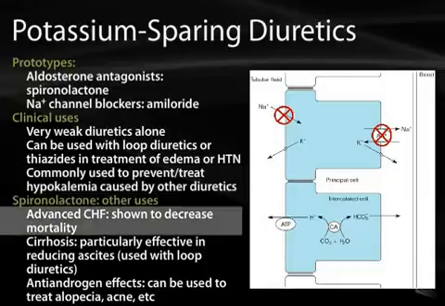Also, spironolactone itself is used in the setting of advanced congestive heart failure. There are a few studies that suggest that because of the increased aldosterone activity in the setting of heart failure, the administration of direct aldosterone antagonists can improve heart failure survival. It's extremely important, however, to remember that life-threatening hyperkalemia can occur and must be monitored closely.